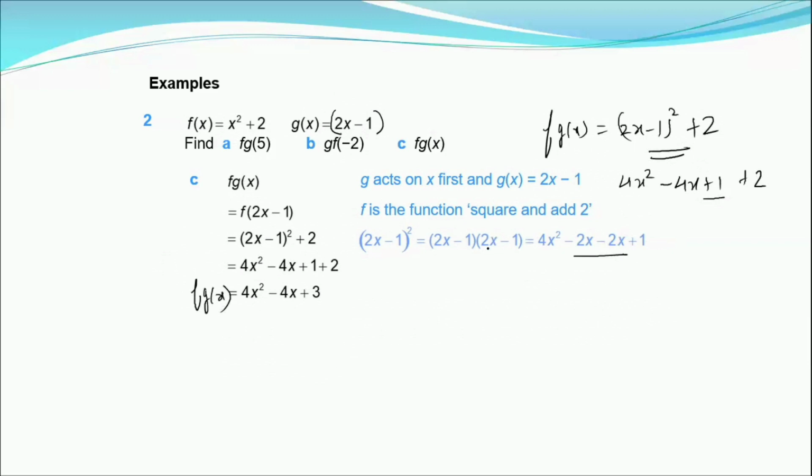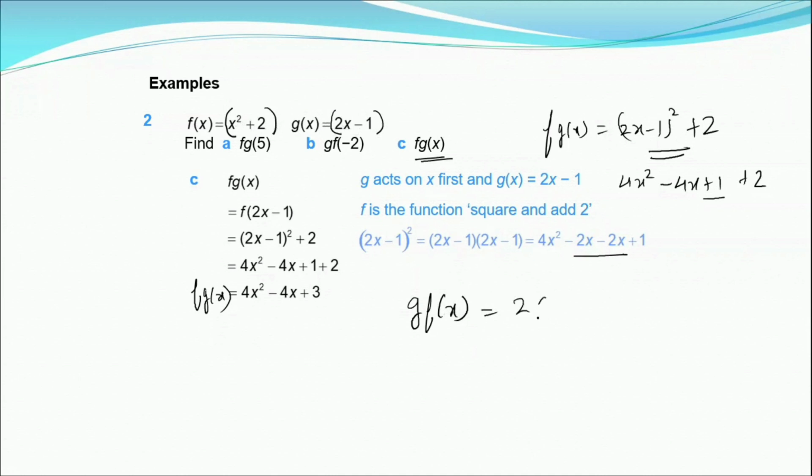If you were asked to find gfx, what will you do? You will be putting the bracket around the f function. And in the g function, which is 2x minus 1, wherever the value of x is there, since it is gfx, f is to be solved first, it is x square plus 2.